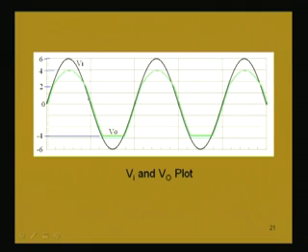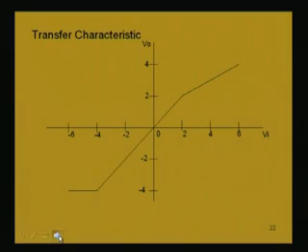So, the Vi and Vo plot will be like this. Now, we can draw the transfer characteristic also for this plot. If we plot Vo versus Vi from 0 to 2 volt, as we have seen, output and input voltage are the same, so it is a straight line relationship with slope 1, tan theta is 1.